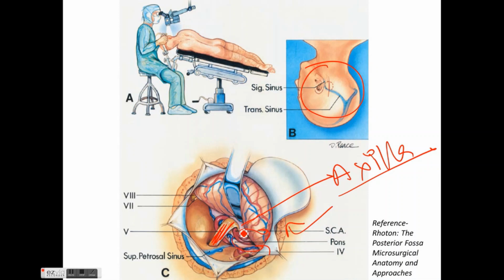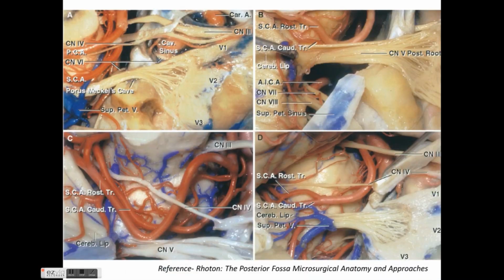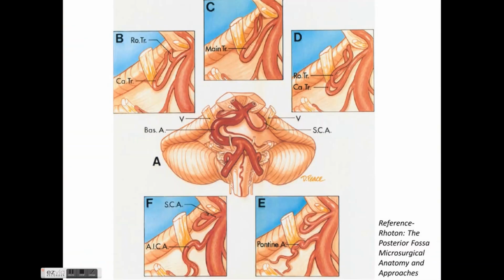This is another pictorial representation of the cadaveric dissection of the trigeminal neuralgia, and all these photographs are taken from the Rhoton textbook, and these are the various sources which can cause the trigeminal neuralgia, the various arterial vascular pathologies.